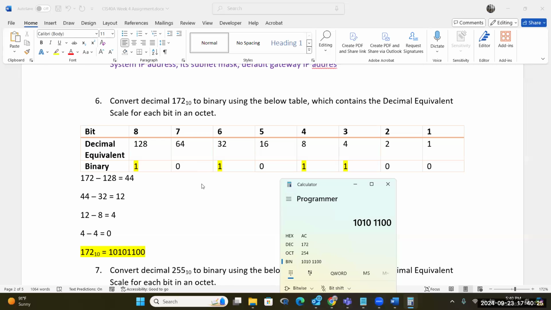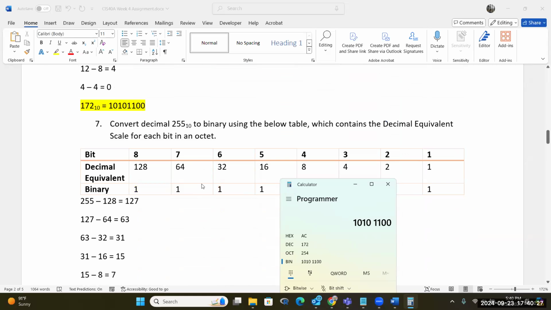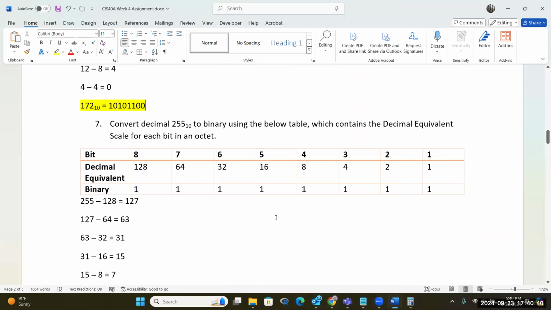All right, let's do another one. Number 7, convert 255 decimal value to binary using the below table. Okay? So your scale stays the same. It's multiples of 2.